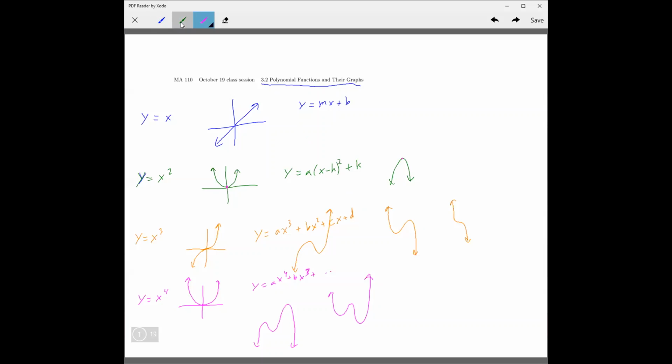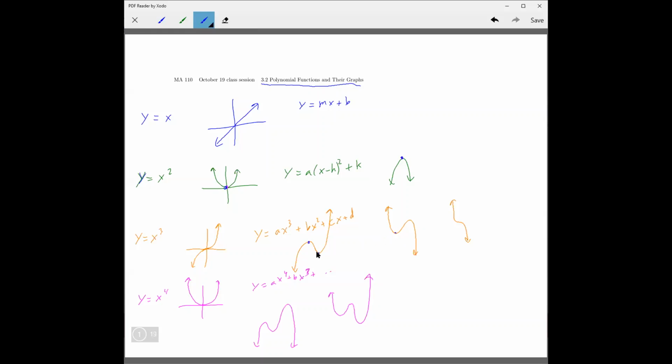Okay, but anyways, at any rate, in all these cases, you're going to have, so here you have these minimums and maximums. Here you don't have any minimum or maximum, but here you got like two what we call local.